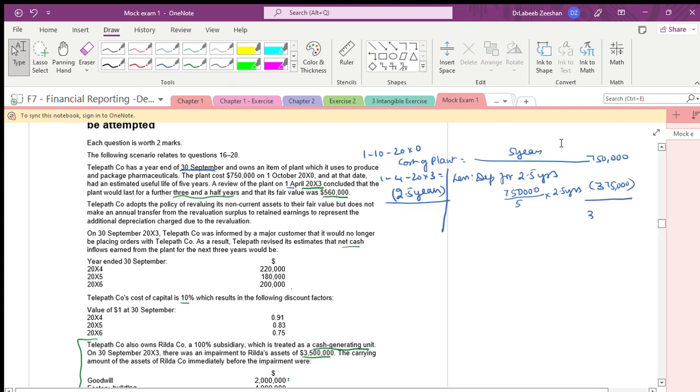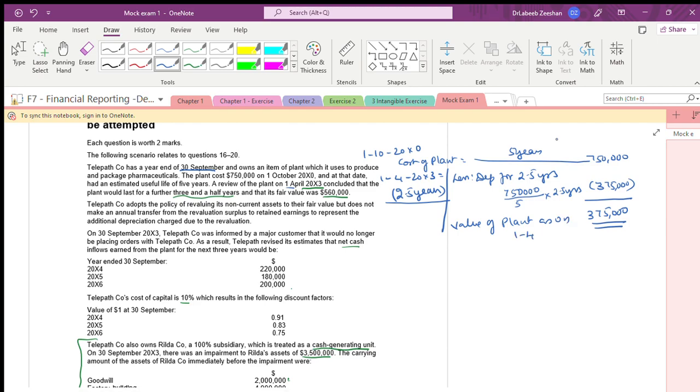This is the value of the plant as on 1/4/2003. Is it right? Value of plant as on 1/4/2003.